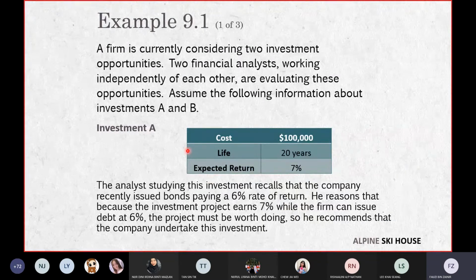Let's look at two scenarios. A firm is currently considering two investment opportunities.